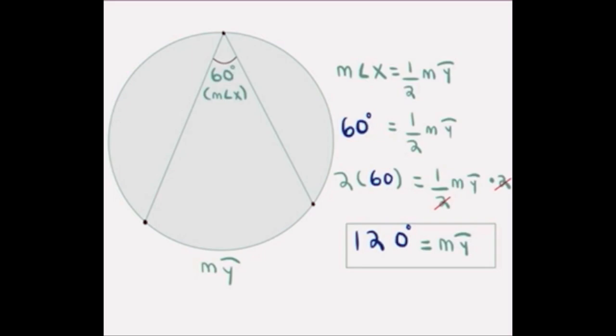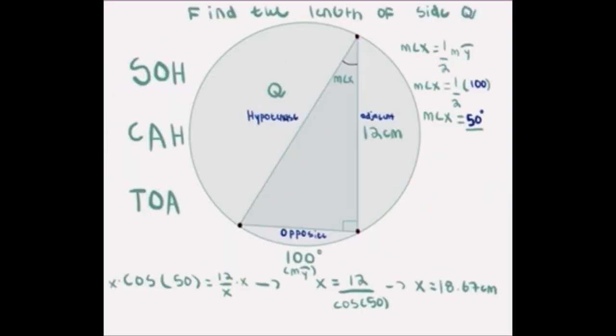We know that this is correct because our definition states that the measure of angle X is always half the measure of arc Y, and half the measure of 120 is 60 degrees. So this checks out.